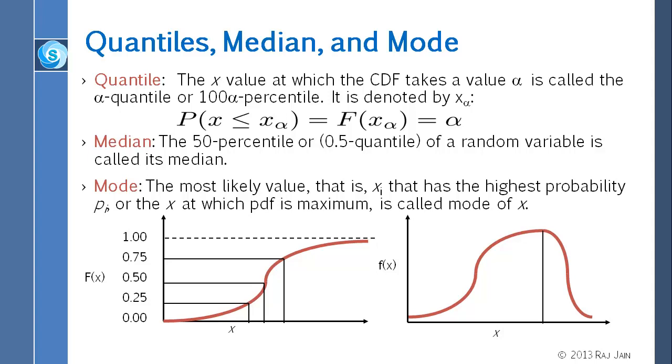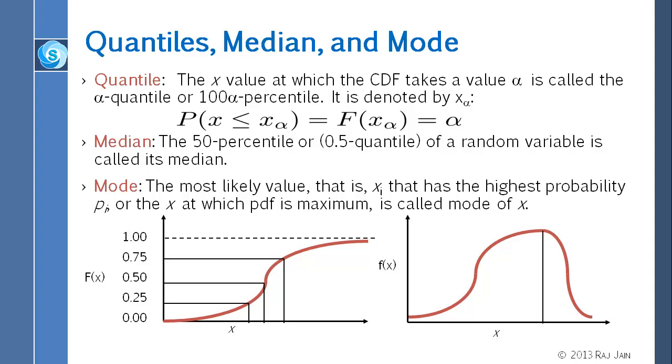So that is the 0.75 quantile of x. If we take 50% and draw a line at 0.5, that is the 0.5 quantile or 50th percentile. Similarly, you have the 0.25 quantile or 25th percentile.